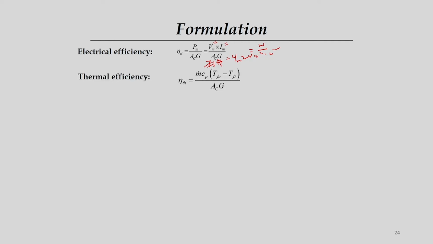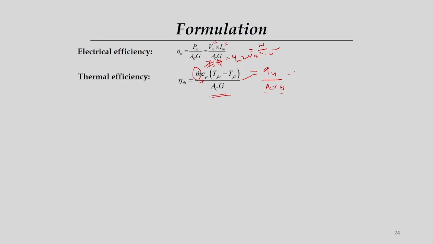So, by using this equation we can calculate what will be the electrical efficiency of the PV module, and then we can calculate thermal efficiency once we know the inlet and outlet temperature of the fluid, and then the specific heat of the fluid, and then the mass of the fluid which is circulated through the tubes. Then we know what QU is, and this part is always known to us because we have a pyranometer and then the area is fixed.